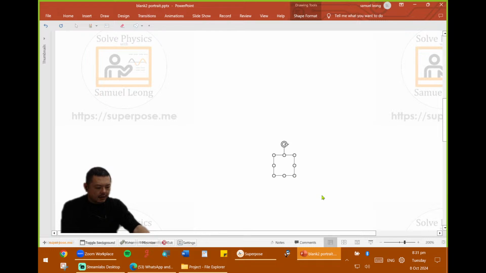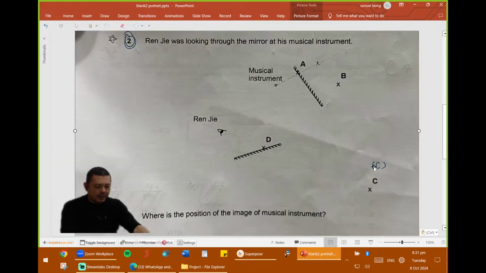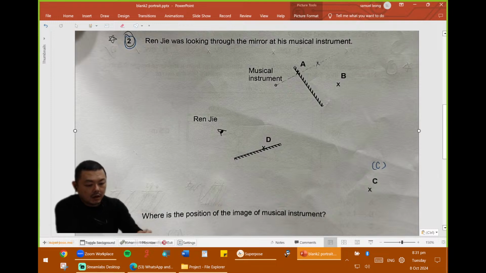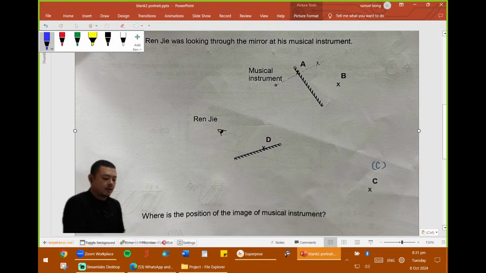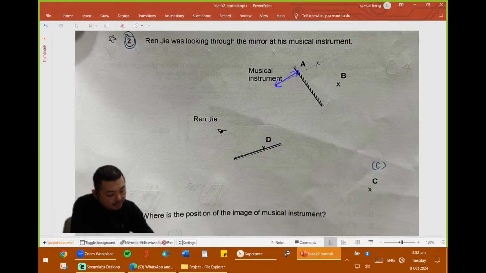What if it was like this question here? How would you find the answer for this one? So you have to draw it perpendicularly across first, right?